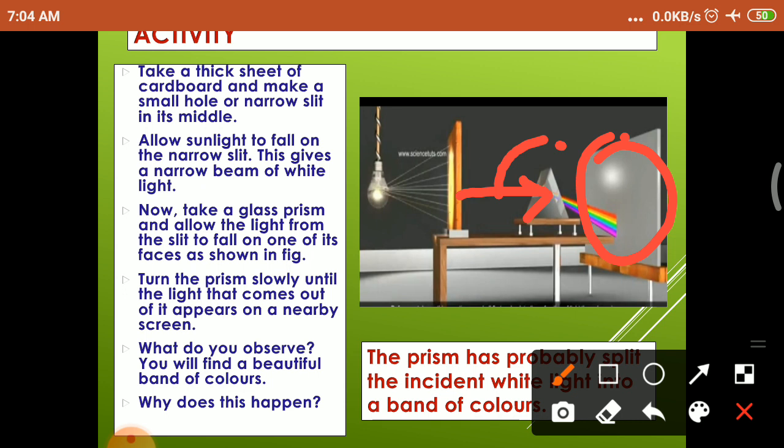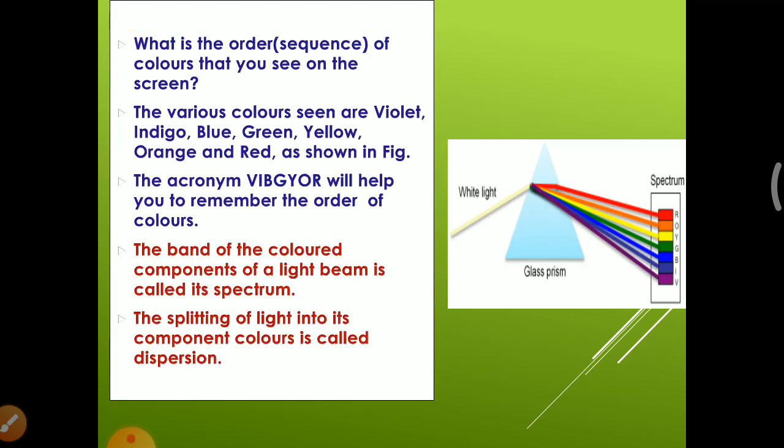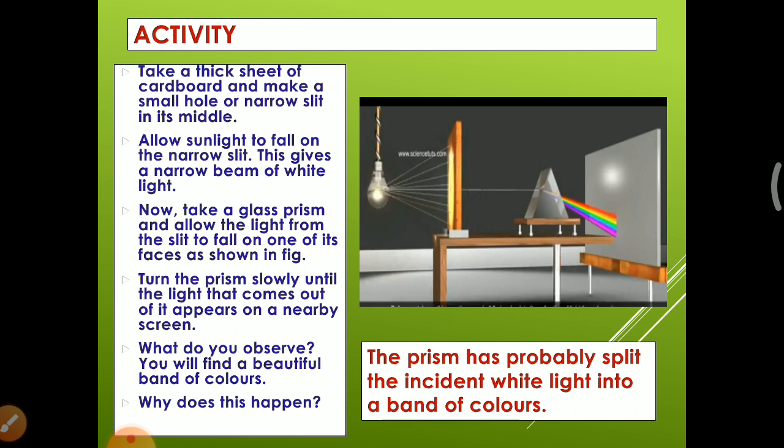So why does this happen? The prism has split the incident white light into a band of colors. So when the light ray falls on the prism, it disperses the white light into 7 colors.